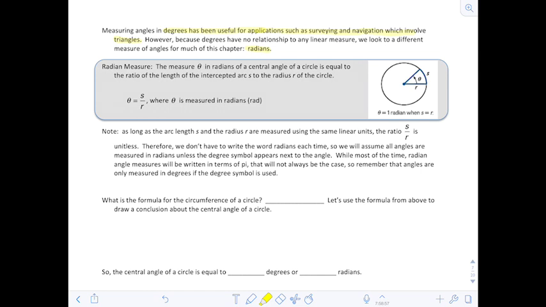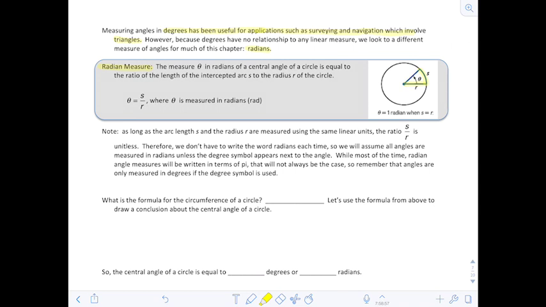So what is a radian? Back in geometry, when you looked at circles, you learned that you had arc lengths and you had radius, and then you would have these central angles. Well, we're going to look at that relationship again, but now we're going to look at something called radian measure. Here's what it is.